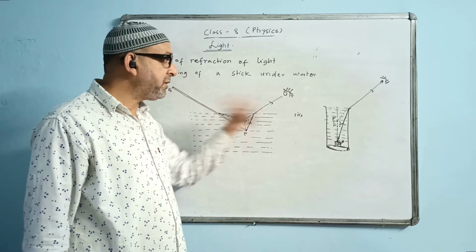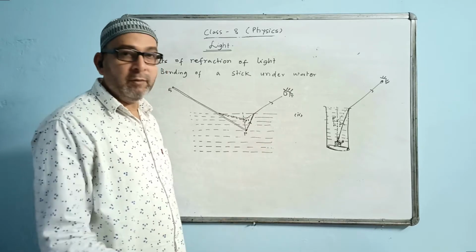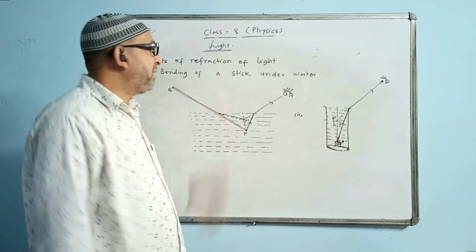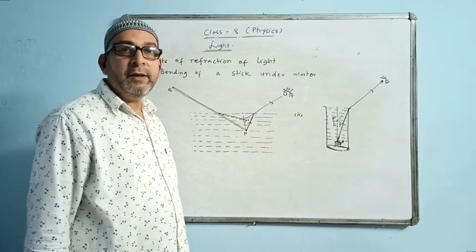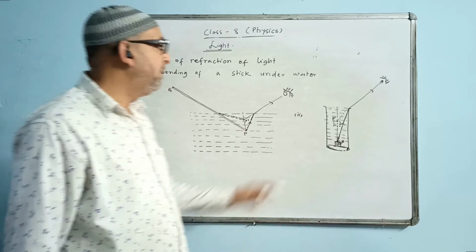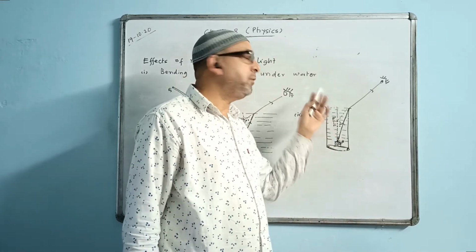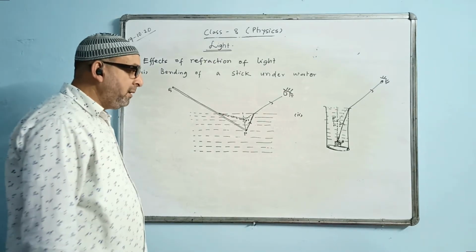You will make use of the refraction of light to see the object clearly if you cannot see it from a particular point. The position of the object will appear raised due to the refraction effect. This happens when the ray of light travels from one medium to another medium.